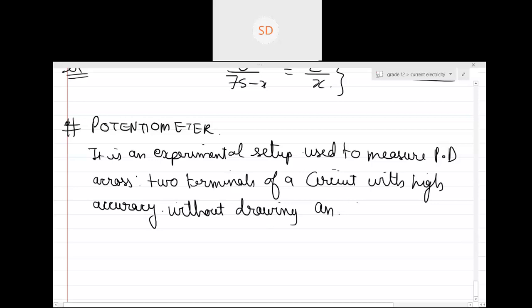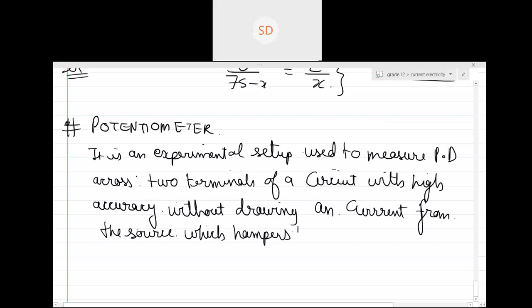It doesn't draw any current from the source, which hampers the measurement. So, it won't take any unnecessary current, without drawing any unnecessary current from the source, which hampers the measurement.